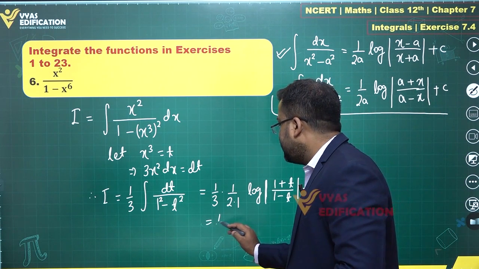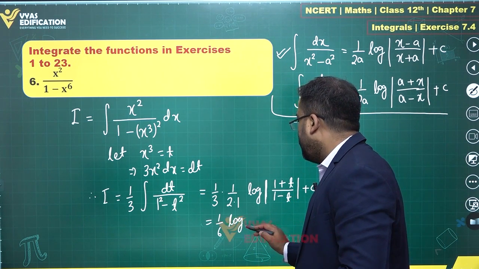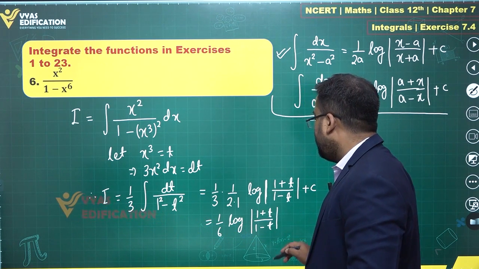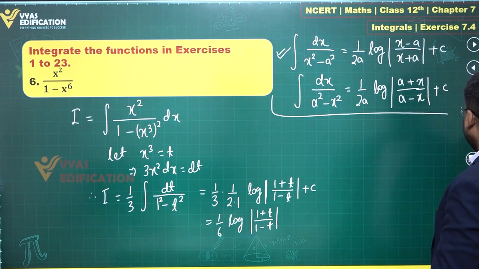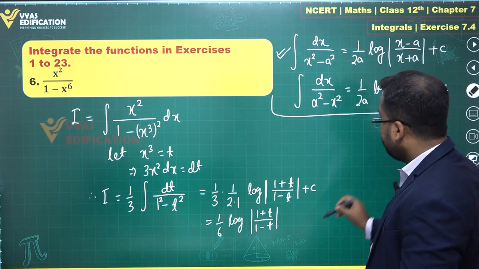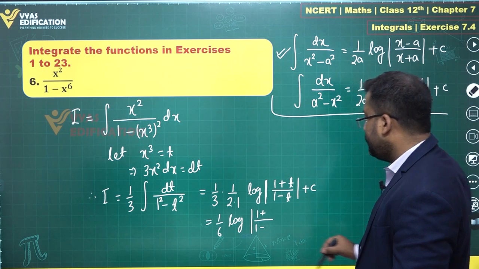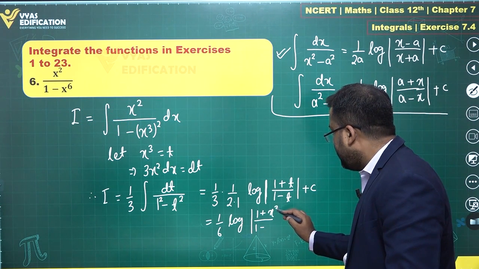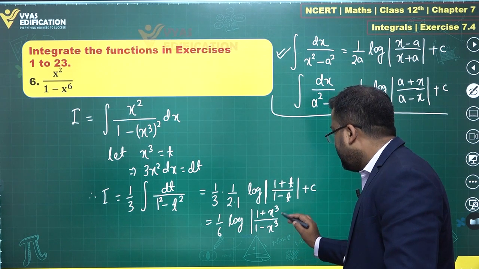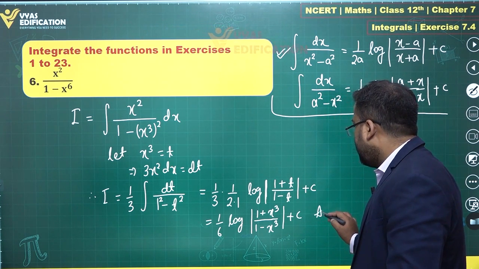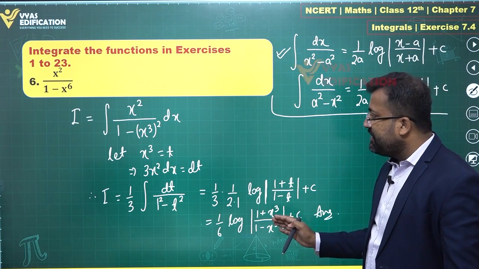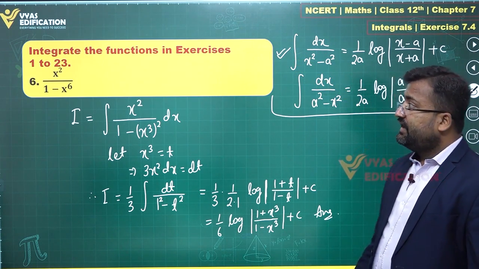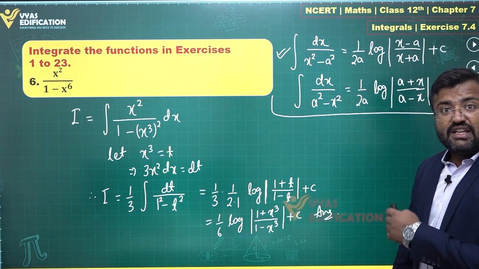This is equal to 1 by 6 log mod 1 plus t upon 1 minus t. Oh, we need to substitute that t as well, right? Let's use that substitution for t. Don't miss out on that t. This is x power 3 plus constant. That is my required answer. This is 1 plus x power 3 upon 1 minus x power 3 in the log, 1 by 6 outside. And that's the final answer for the 6th question using these results.